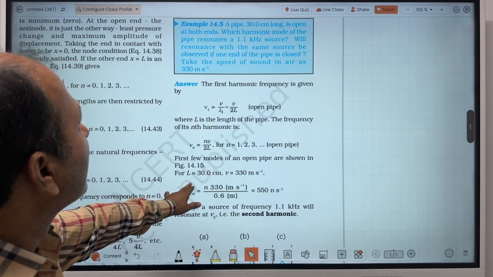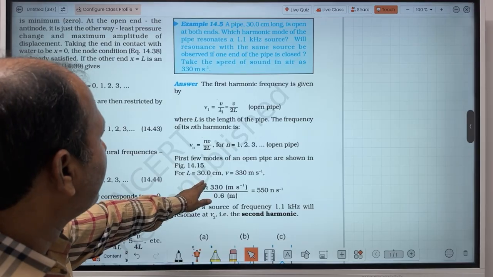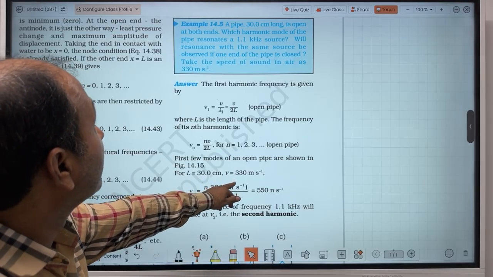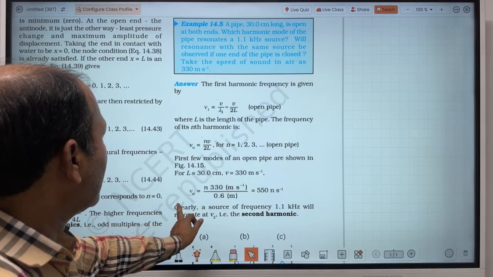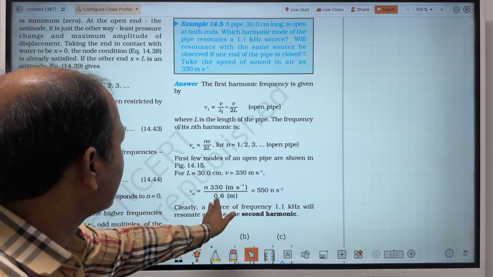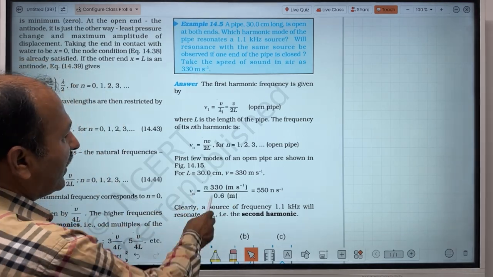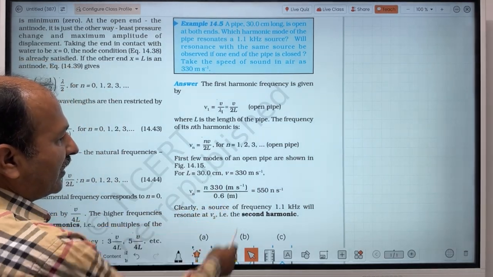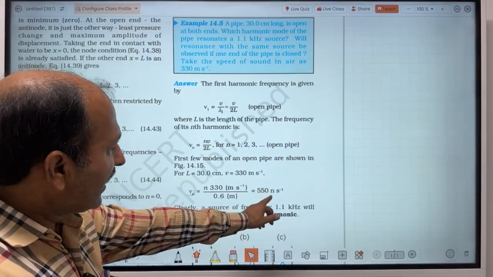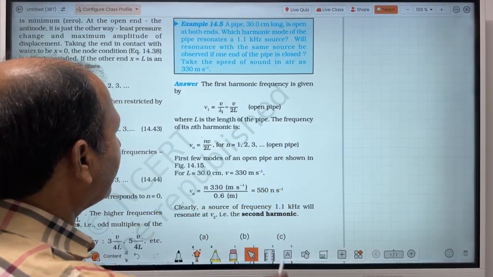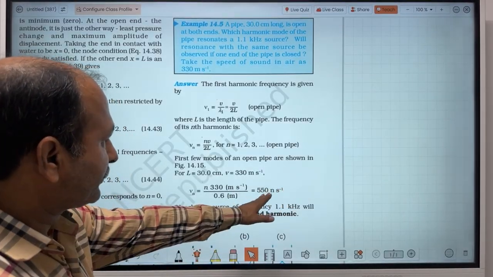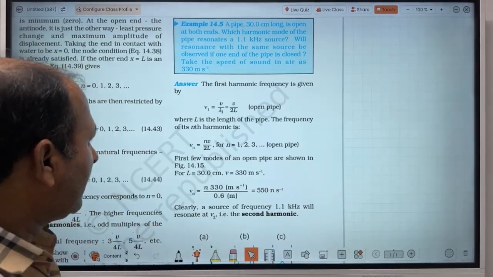We have already seen. Now we can put the value of L as 30 centimeter, and the velocity of sound is given as 330 meter per second. So nu n equals n times 330 divided by 0.6. That comes out to be 550 n hertz.